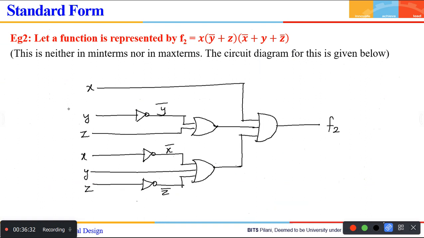I'm just going to draw. This is your NOT gate using NAND. This is your AND gate using NAND. This is the AND gate, this is the NOT gate, and what is the OR gate?